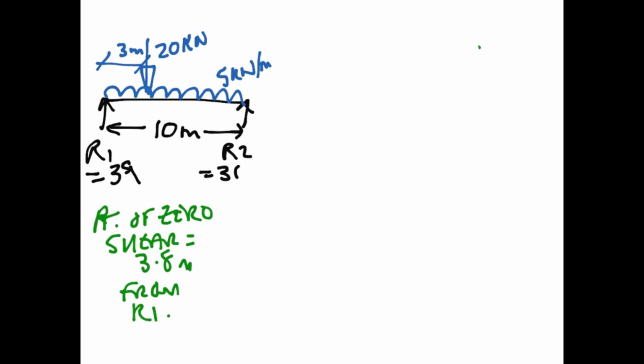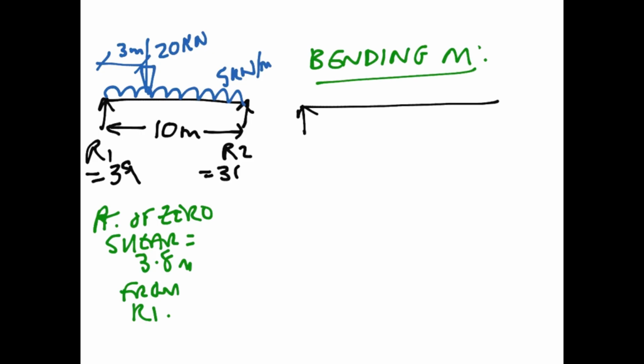Okay, then what we're going to do now is we're going to do the bending moment, which is what it's all been about. And we'll start by drawing that, and what we're going to have, that's a 10 metre span, and this point here is going to be at 3.8 metres, where we know the maximum bending moment will happen. We know that we've got 39 kilonewton load here, reaction.